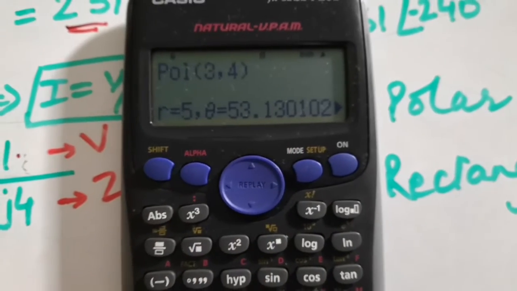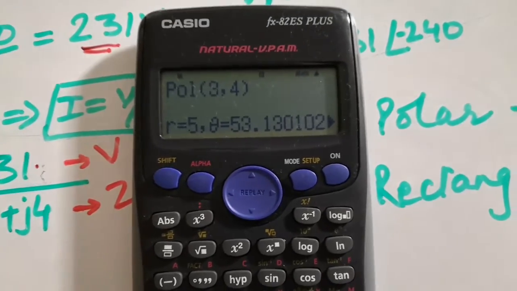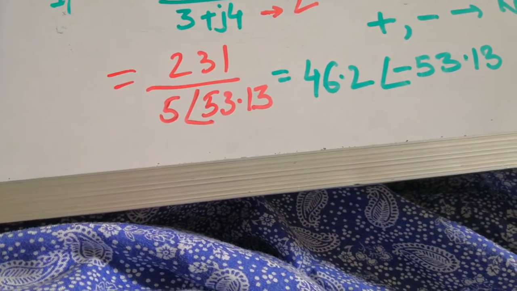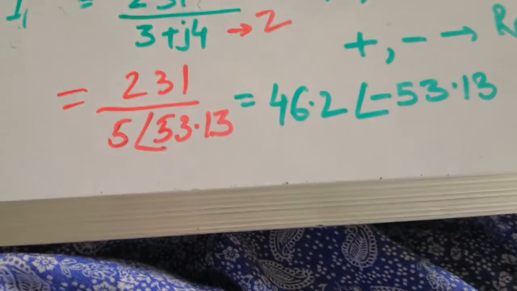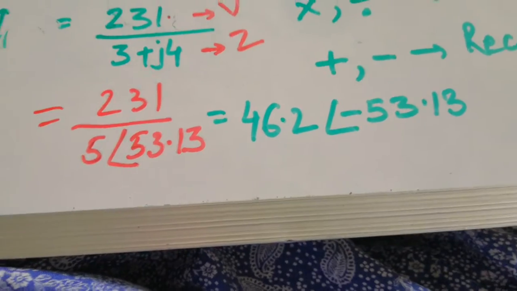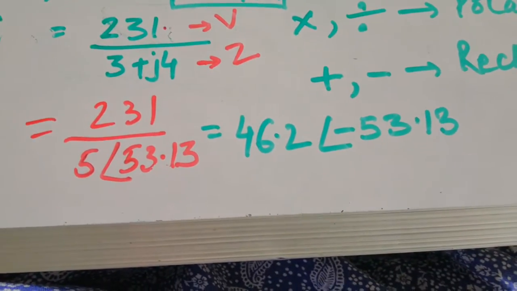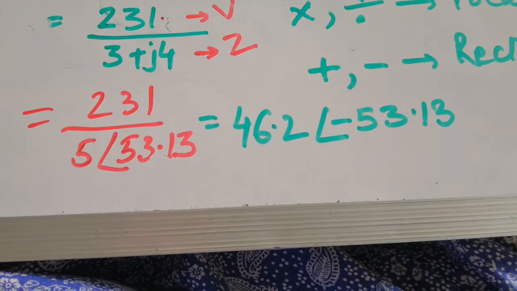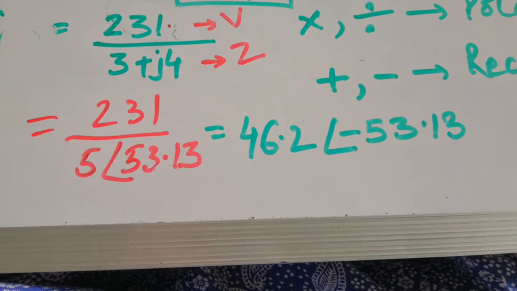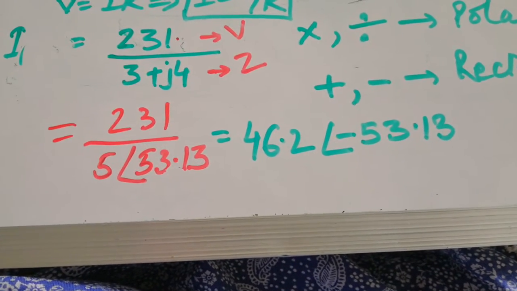I directly put the values here to get my I phase. This gives me 231 upon 5 angle 53.13. This goes to the numerator term as this, because the angle in the numerator is 0. So 231 divided by 5 gives me 46.2. So my I phase comes out to be this.